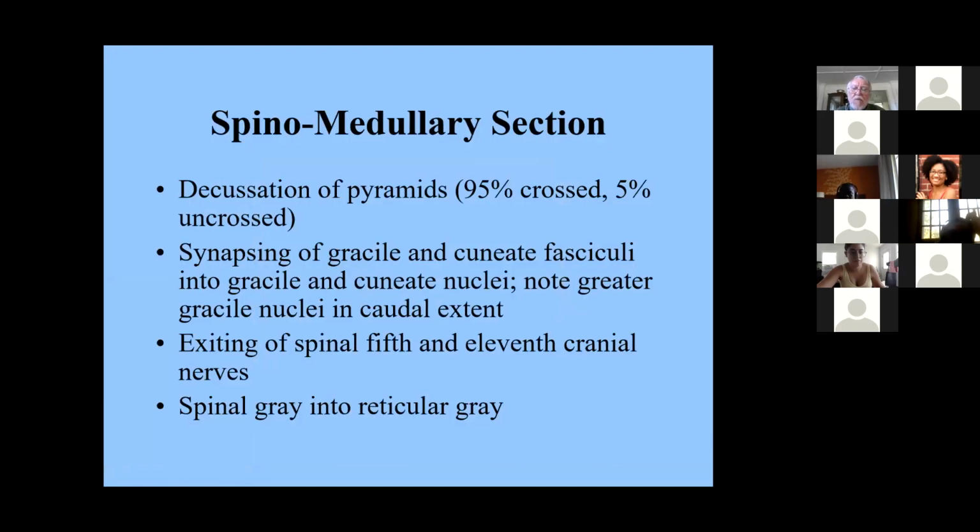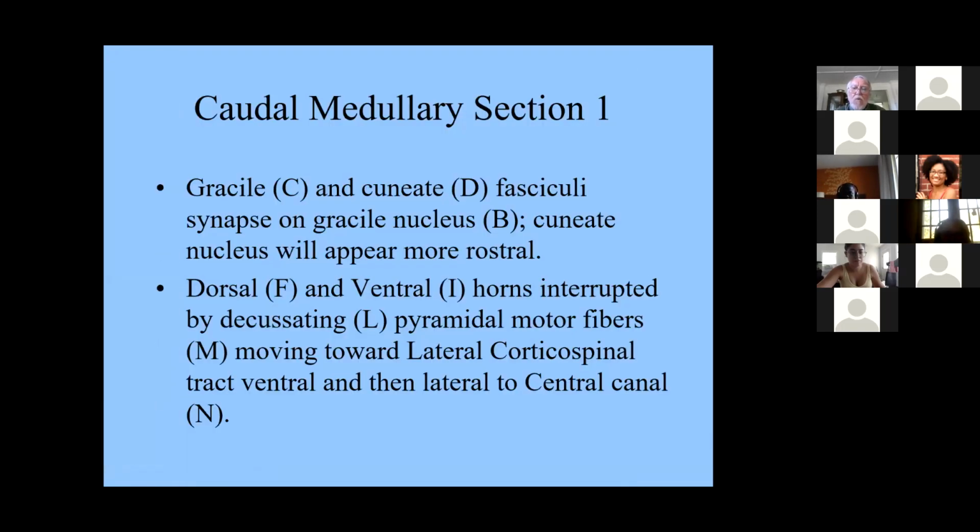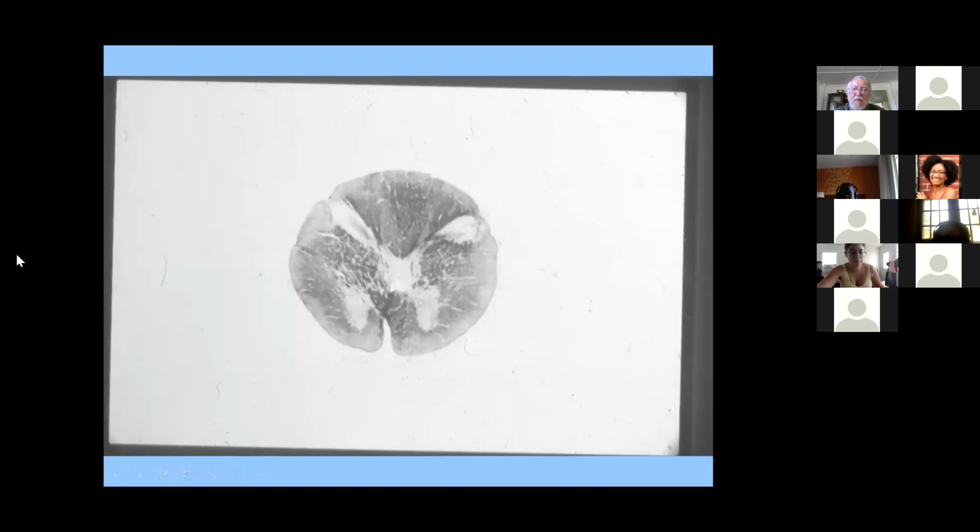What you still see right here is a little bit of dorsal horn and ventral horn, but what you're basically seeing a lot of is the decussation of those huge pyramids, and we're actually looking on the inferior surface of the brain, and versus before, where we looked at this and we can basically say, here's the anterior white commissure, not the anterior medial septum, and here's the anterior corticospinal.